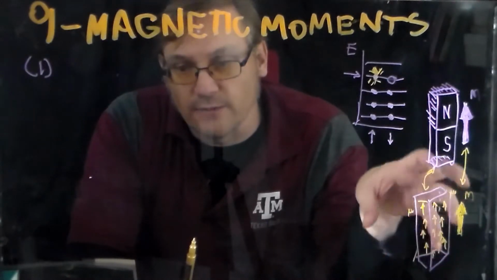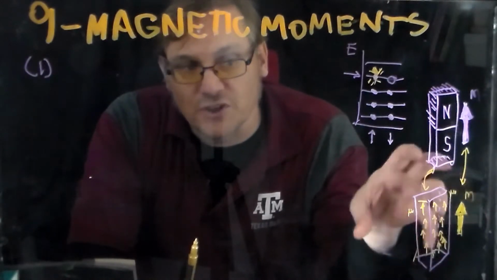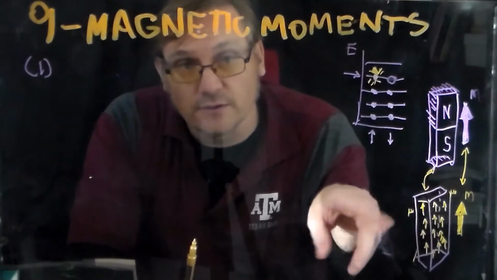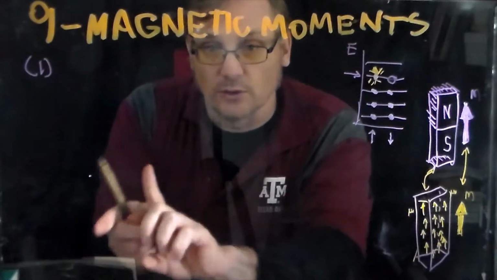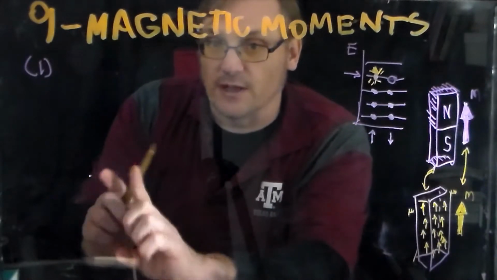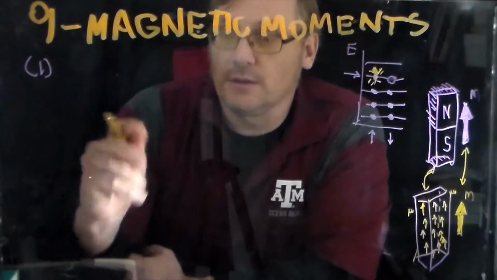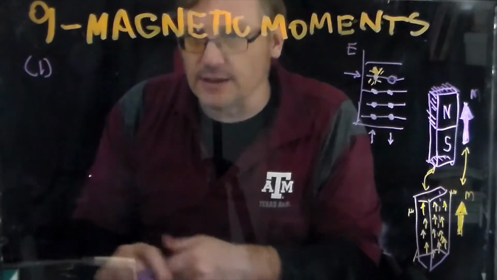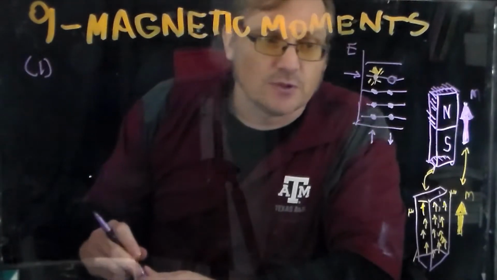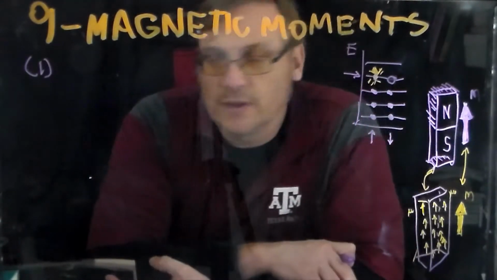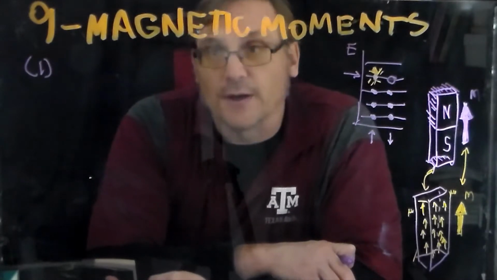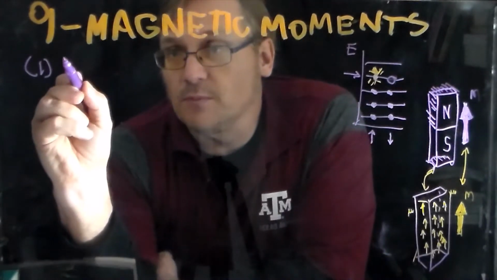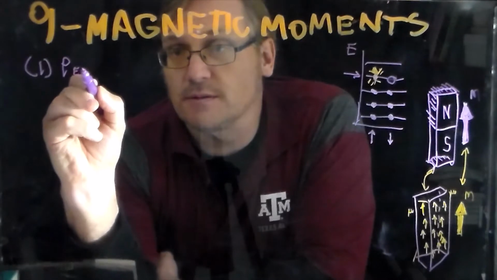They just don't have what we call exchange coupling that you have here, that sort of acts like a little torsion spring that tries to get everything aligned. So we'll talk about those next in part 2. But here we just want to talk about what makes up this whole magnetic moment thing here. And that's just what we said, permanent magnets.